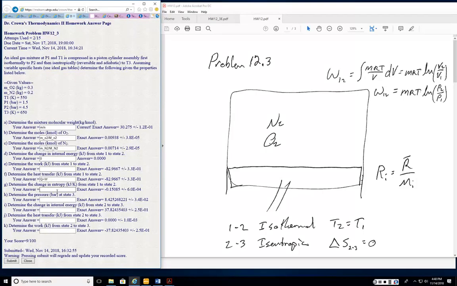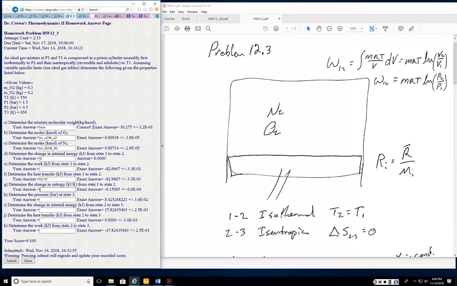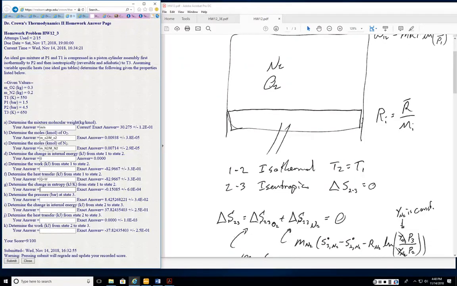Right, then it gets a little trickier. The change in entropy from state 1 to 2. So this is an isothermal process, and the temperature is not changing, so s naught is not changing. So I need to calculate the entropy. Now I know I wrote this out for state 2, 3, but the same would be true for state 1, 2.